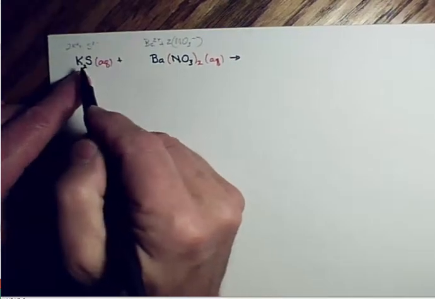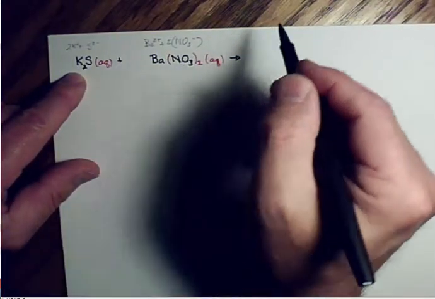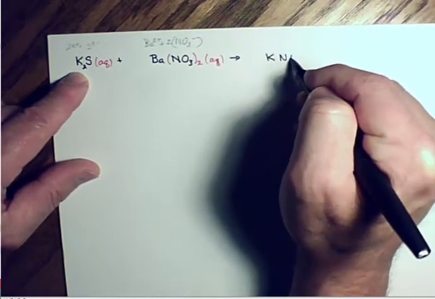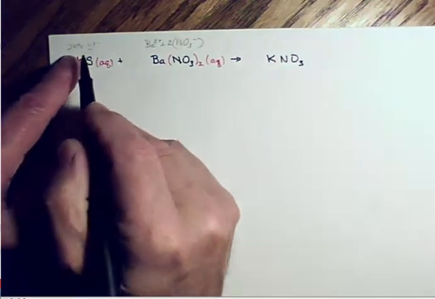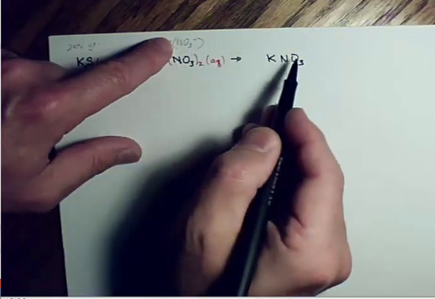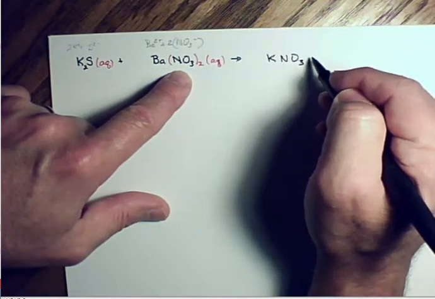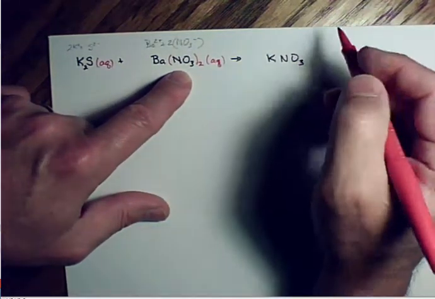And then we're going to take the front part of this and put it with the back part of this and have KNO3. K has a 1+ charge, NO3 has a 1- charge, so that's already balanced. And we said that all nitrates and group 1 salts are always aqueous, so this is going to be aqueous.